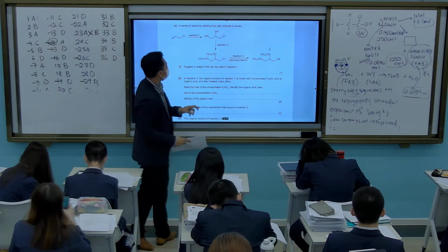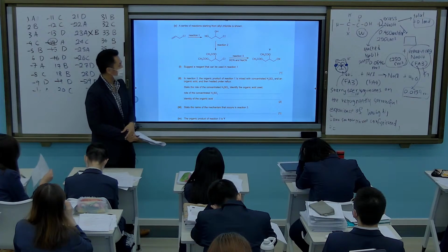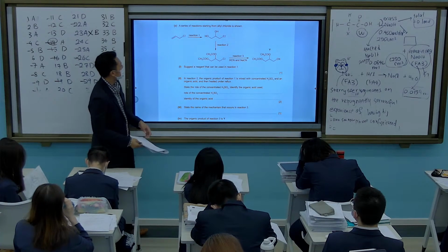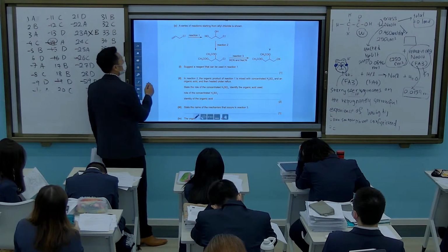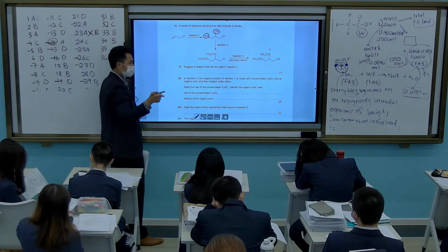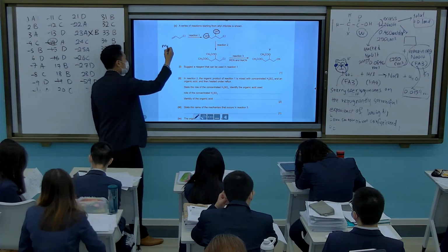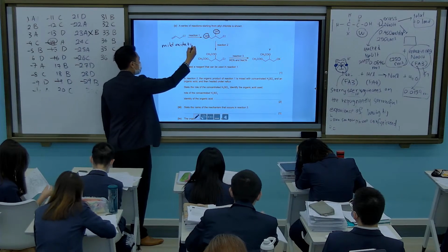Right. So for part C, suggest a suitable reagent that can be used in reaction 1. So can you see what happens in reaction 1? It's correct, so what Borrowy said, mild oxidation. So for mild oxidation, what are the reagents?